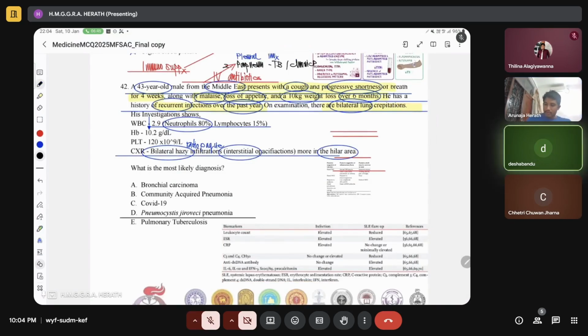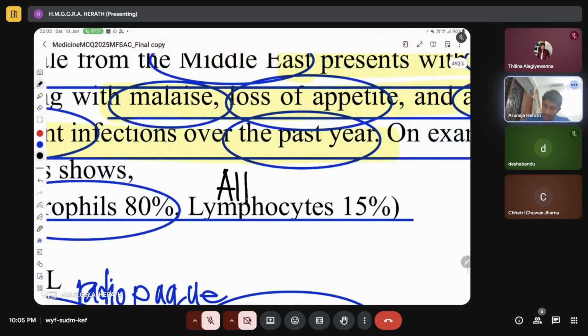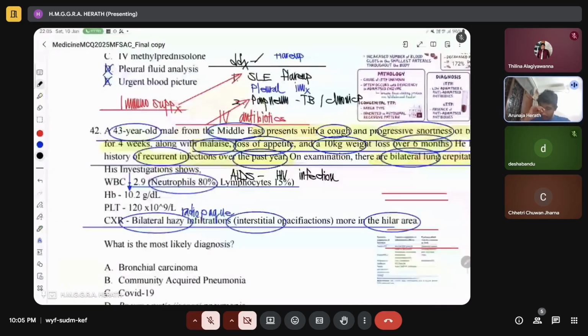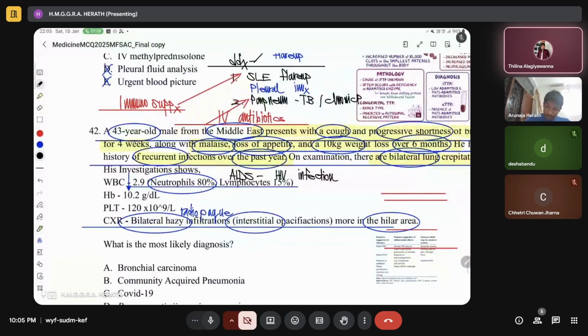Hilar area. Yes. But what do you think is the condition he is having? Yes, this is likely AIDS, right? AIDS due to HIV infection. What are the clues in the history that point towards AIDS? Good.